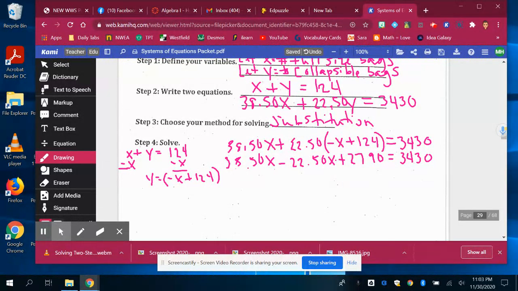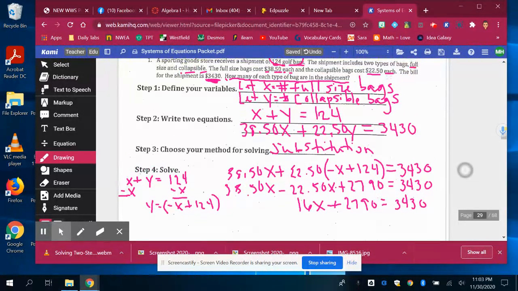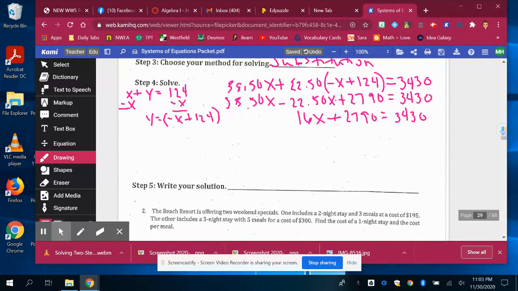I have like terms, $38.50x minus $22.50x gives me 16x plus 2790 equals 3430. Now I'm going to solve my two-step equation.